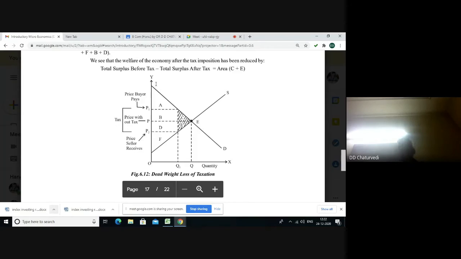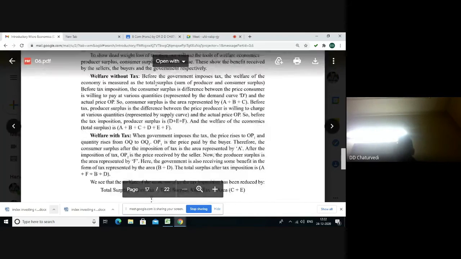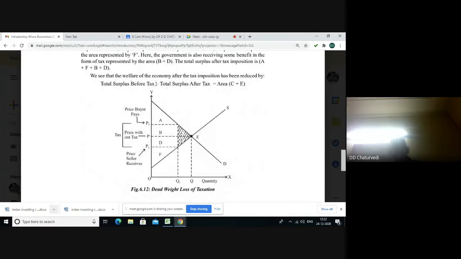Now similarly, we can find out producer surplus. Producer surplus is given by the difference between the actual payment received by the seller and the minimum expectations of the seller given by the supply curve.